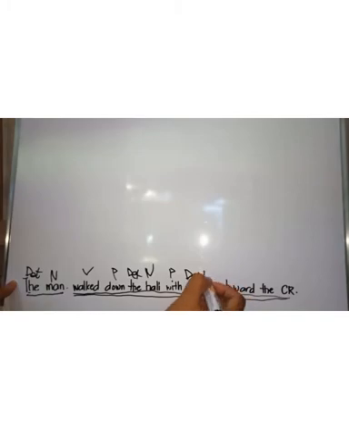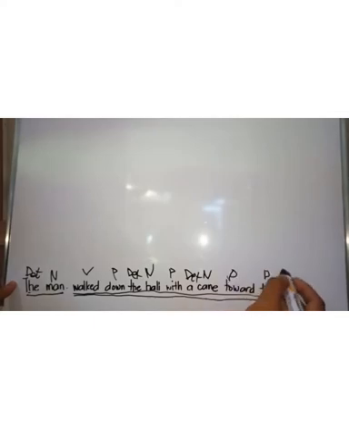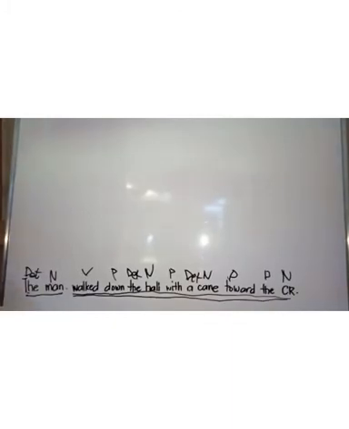"Cane" is a noun. "Toward" is a preposition. "The" is a determiner, and "cr" is a noun. So we have here a noun, a determiner, a noun, a verb, a preposition, a determiner, a noun, a preposition, a determiner, a noun, preposition, determiner, a noun.